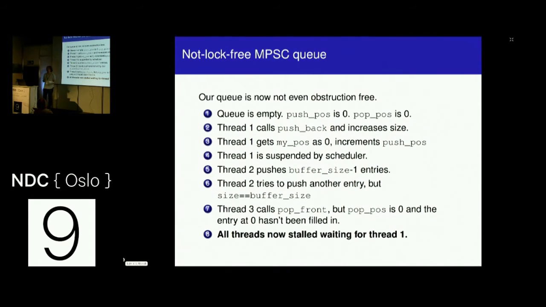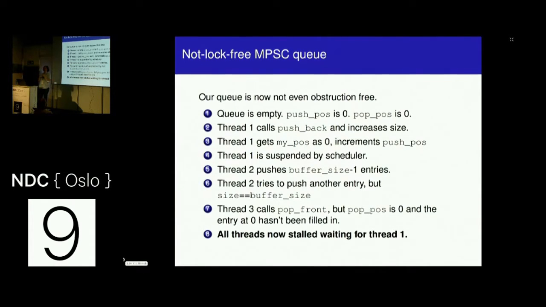But now we're not even obstruction-free. In our example, if thread 1 was suspended while waiting to put its value in its cell, the buffer is now full, and no thread would be allowed to populate that cell, because the retrieving thread will get blocked because the cell's empty, and the other pushing threads are blocked because the buffer's full.